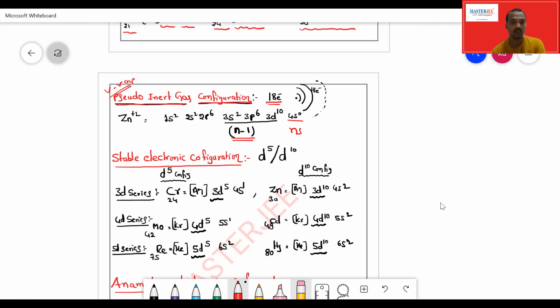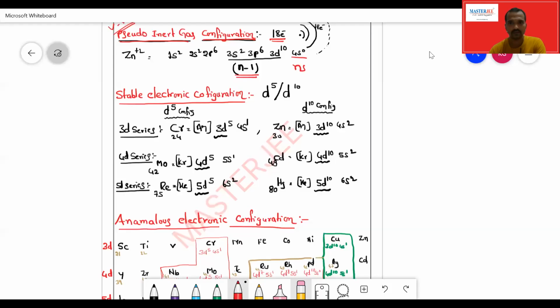Next, what is a stable electronic configuration? Which configurations can we say are stable electronic configurations? d5 and d10. The species which exhibit d5 and d10 configurations, we can say have stable electronic configurations.